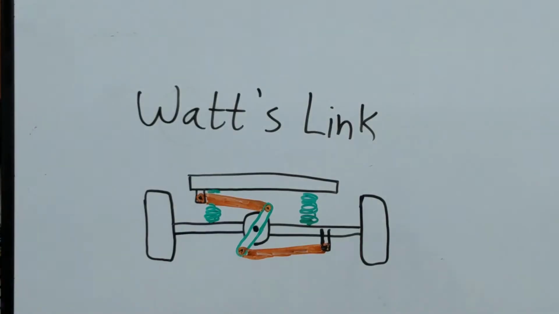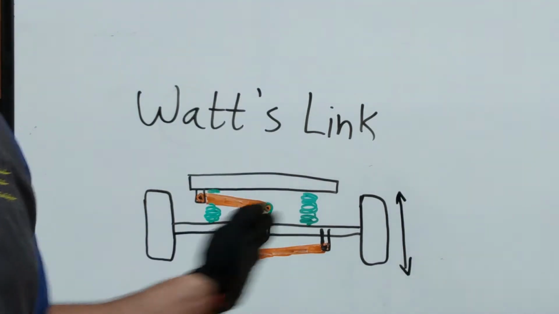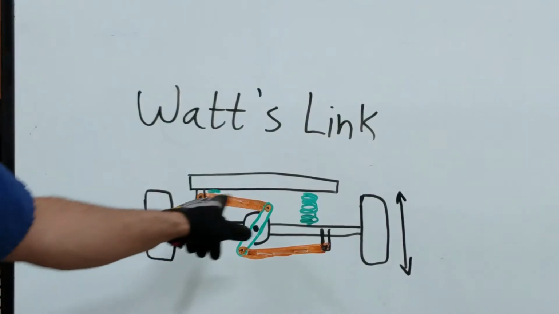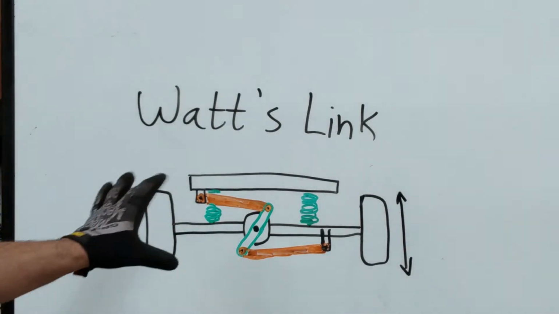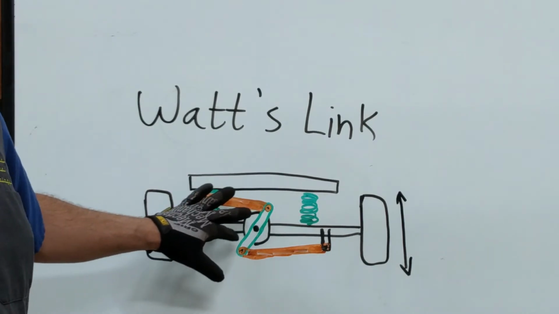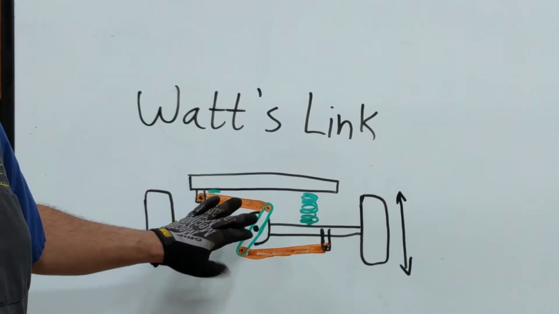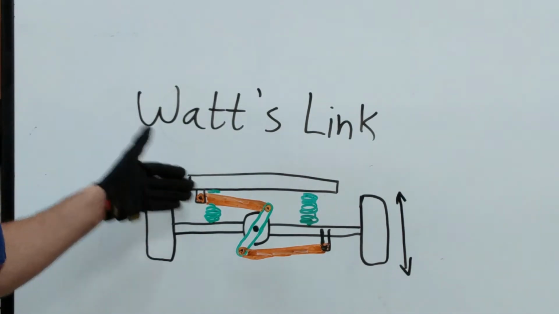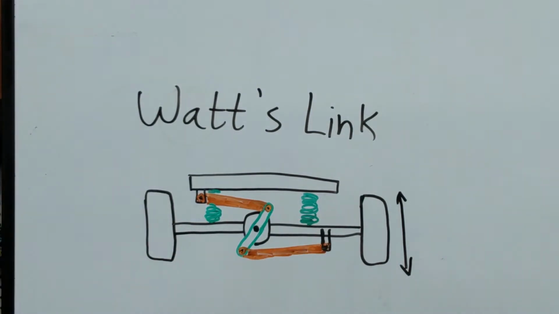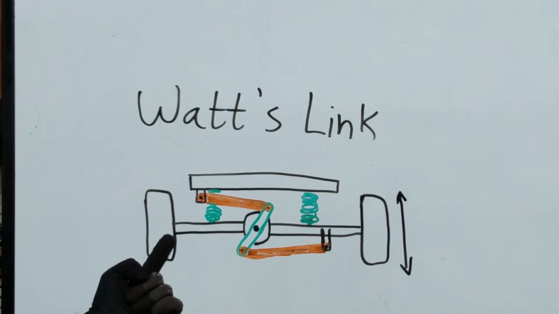The main advantage to this, the big advantage to this, is that you have true up and down motion with zero lateral movement. The upper link and the lower link radius are both compensated for through the Watts link pivot in the center. So this is still connected rigid from one side of the chassis to the opposite side of the axle through the links, and that allows the suspension to travel up and down with zero lateral movement side to side.